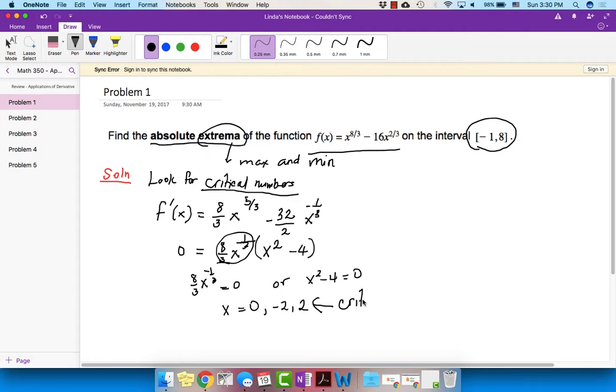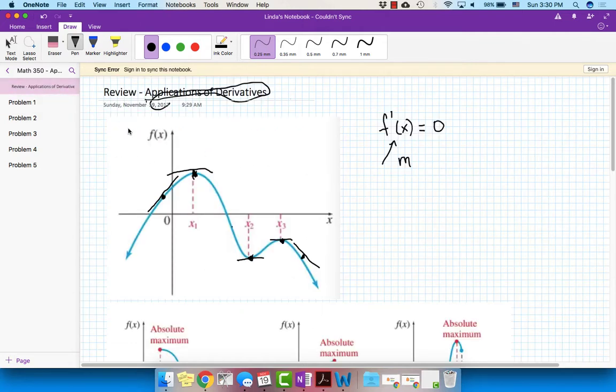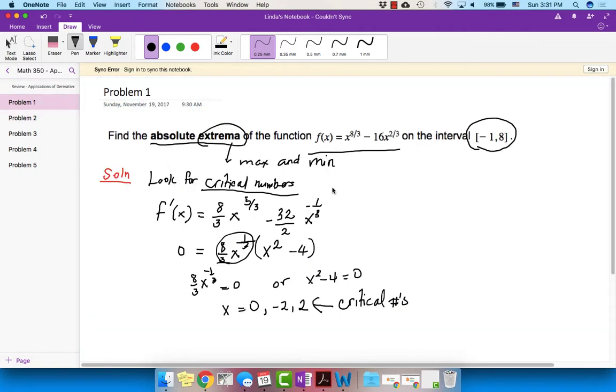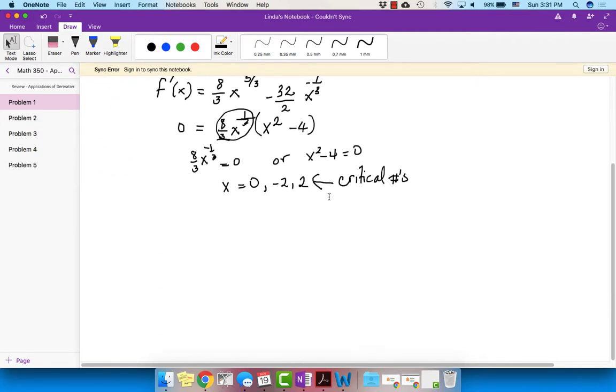The critical number is the value of s where the derivative is 0. Remember from our review, the values where the derivative is 0 are called critical numbers. Now, to find the absolute extrema means we are going to find the y value, or f of s, for each s value.